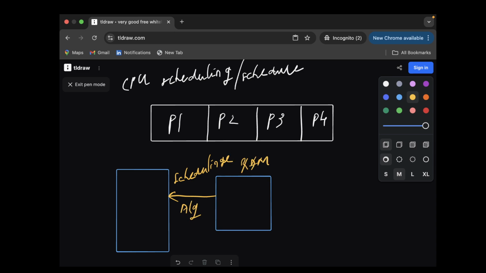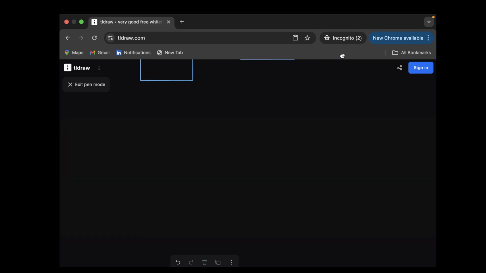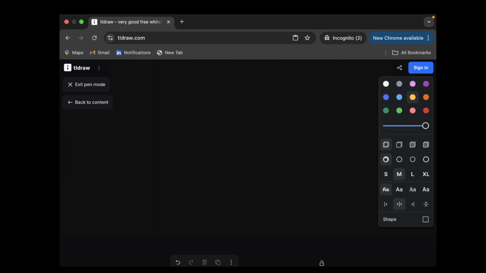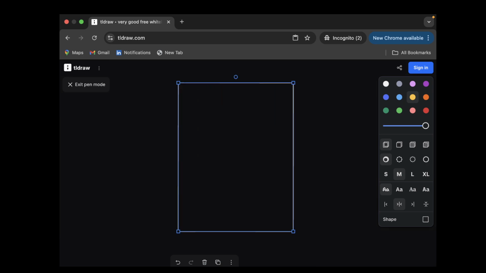In RAM we basically have the process which is running, right? So what does a process contain? What all elements will it contain? A process gets its own process block. So we have a process block that is being assigned here.